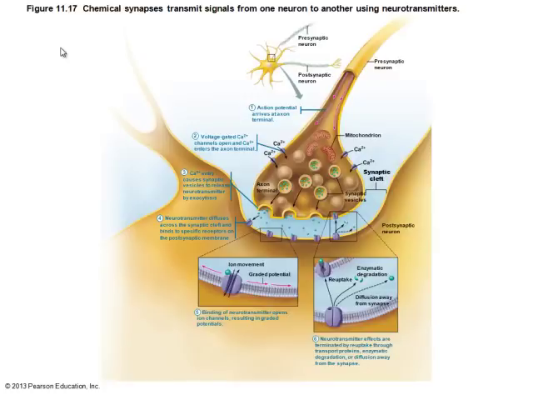Sodium and calcium are going to help this occur. But it's these little chemicals in these packages, the neurotransmitters, that are going to cause the effect in the postsynaptic neuron.